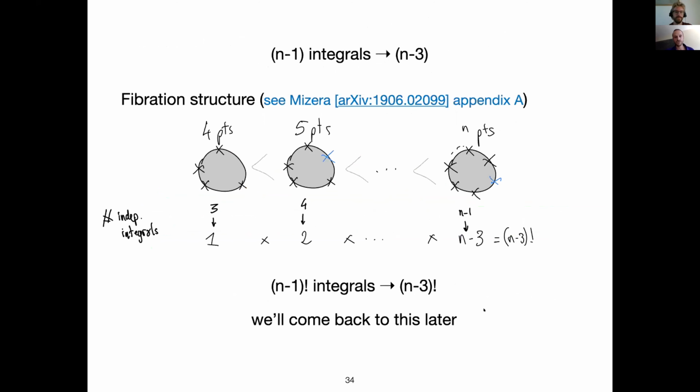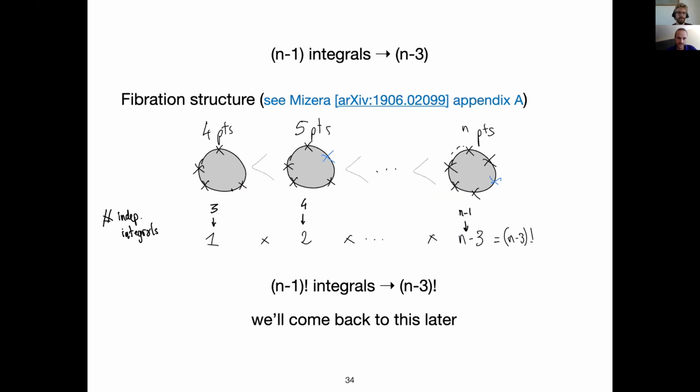There's a fibration structure to the moduli space, and I refer to Sebastian's paper for a longer intro to this whole set of ideas.